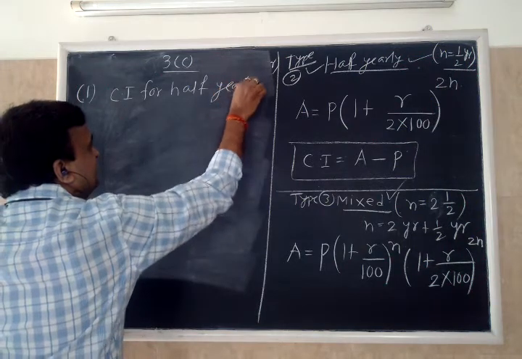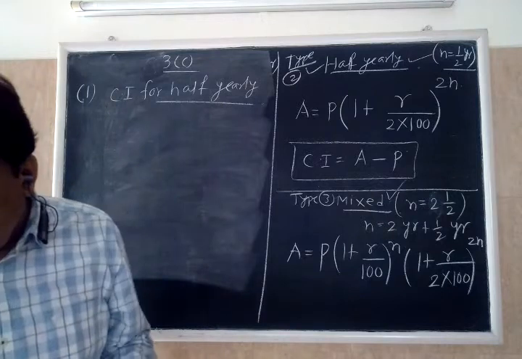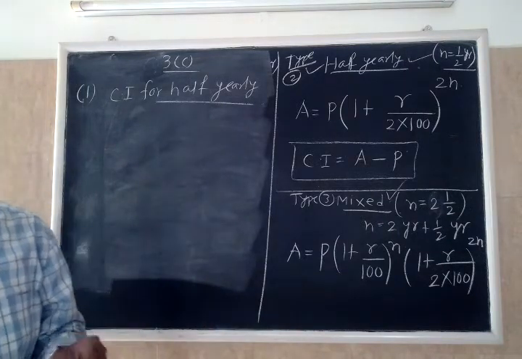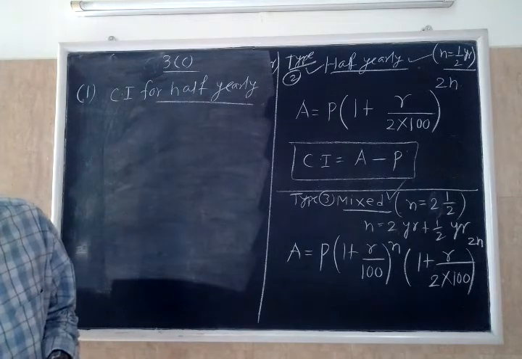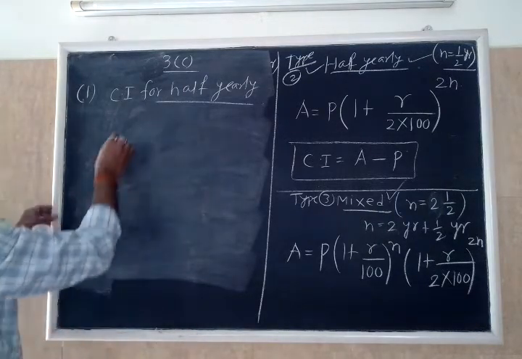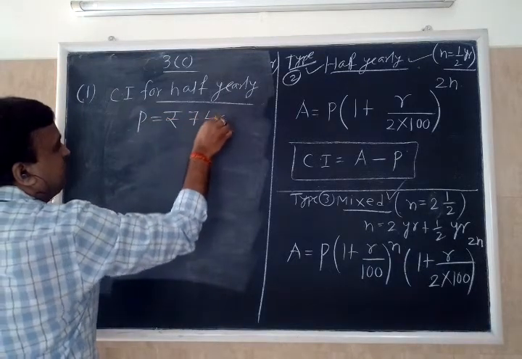Calculate the amount when principal P is rupees 7,400.